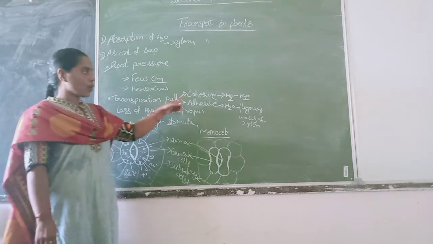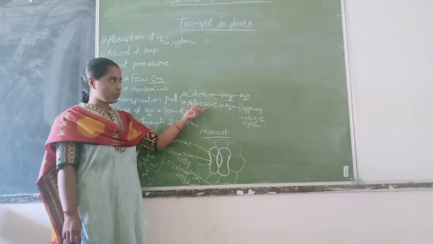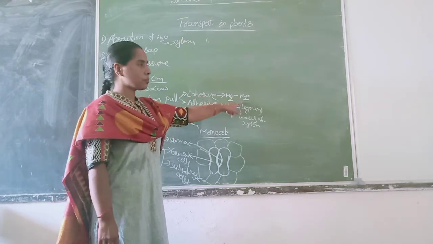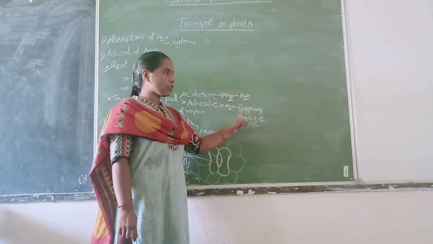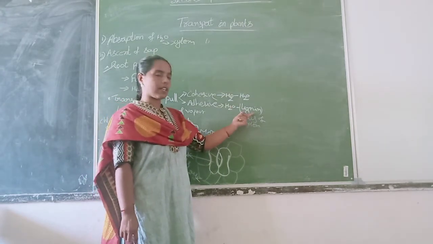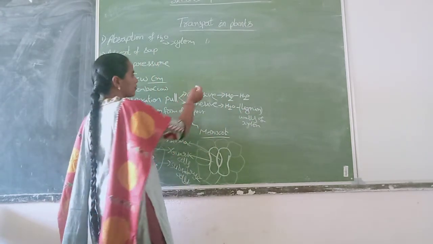forces are involved: cohesive force and adhesive force. Cohesive force means attraction between two water molecules. Adhesive force means attraction between water and another component, lignin. So how does it work?